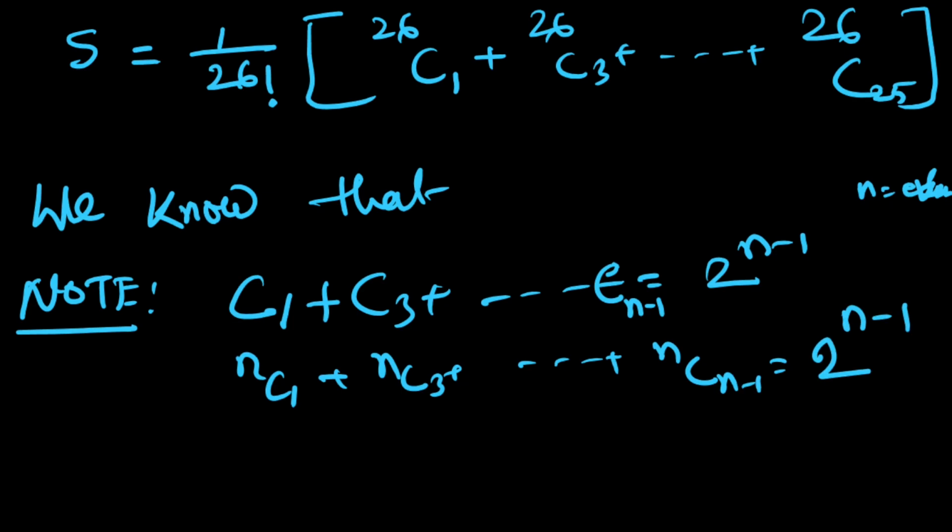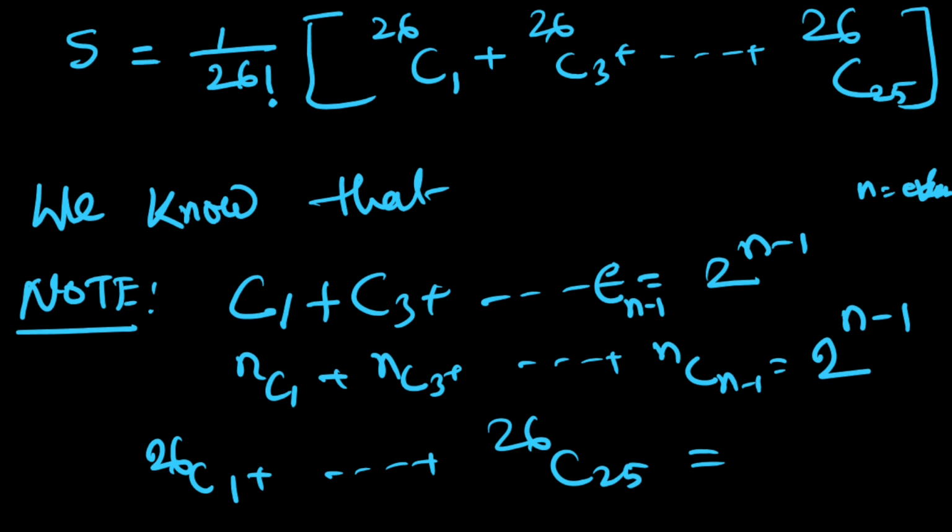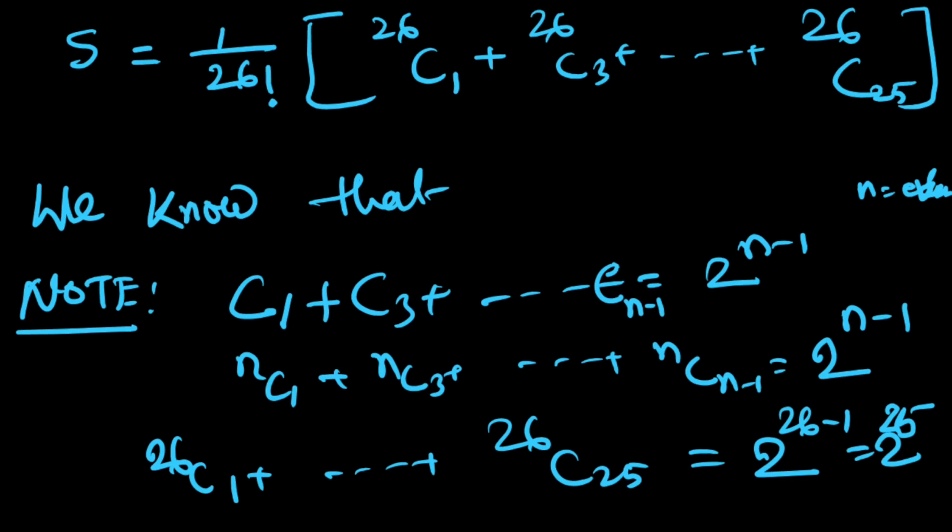Now we use this value here, so 26C1 up to 26C25 is equal to 2 to the power n minus 1. N is 26, 26 minus 1 is 25, so 2 to the power 25. Thus s is equal to 1 over 26 factorial, and this summation part is 2 to the power 25.